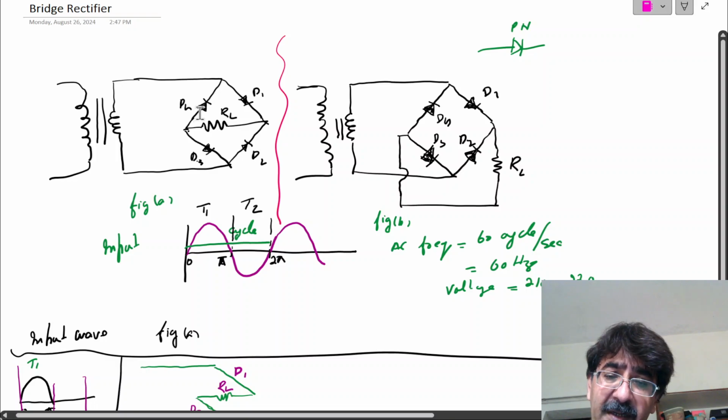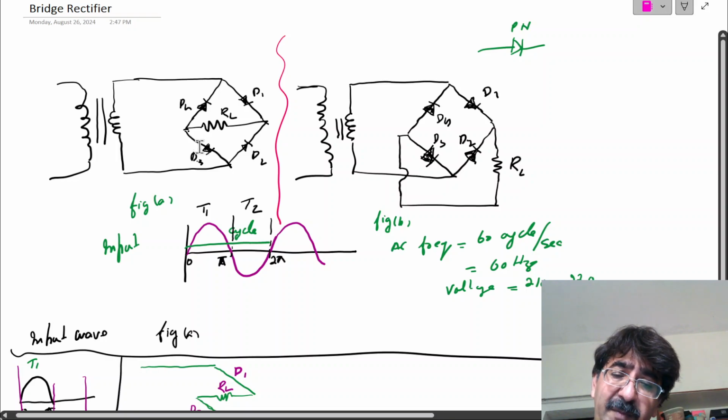So the current diode will be treated as forward biased, and then D3 will be reverse biased, because the P terminal of diode 3 will face a negative input, so positive will be connected with negative and negative, so that will be an open circuit.